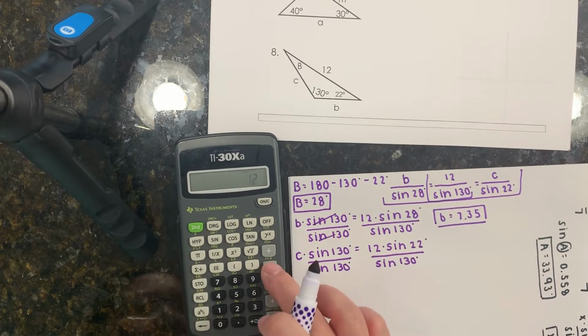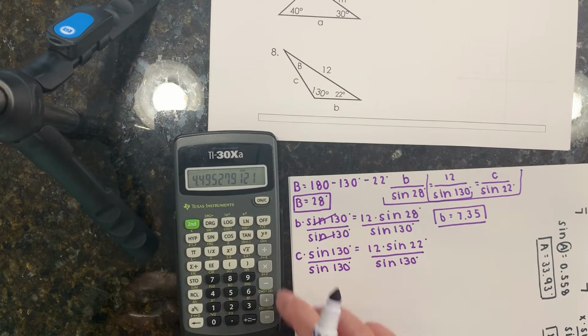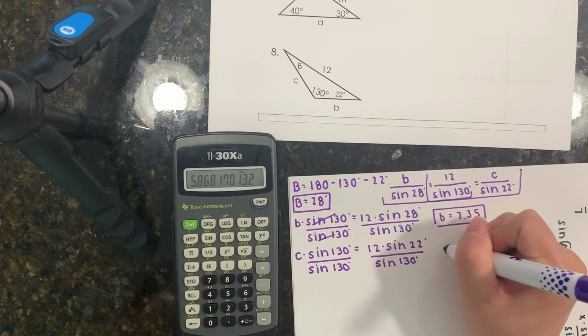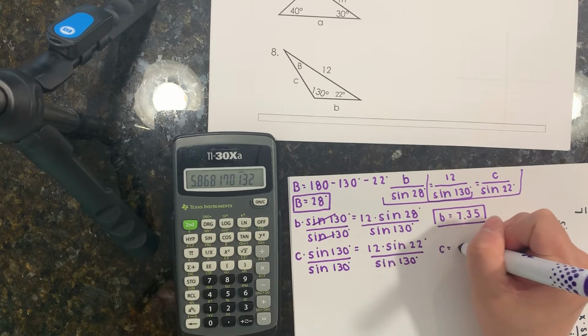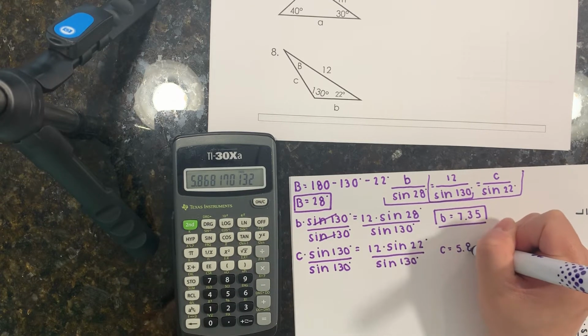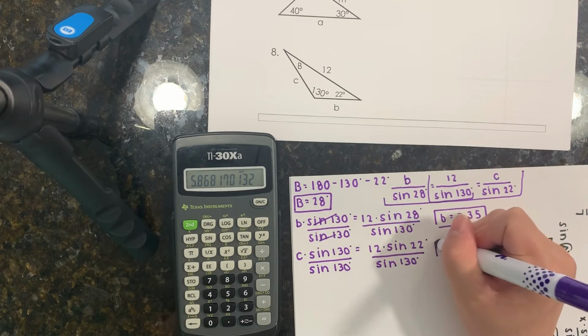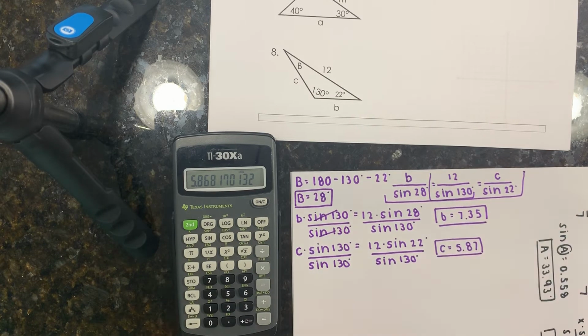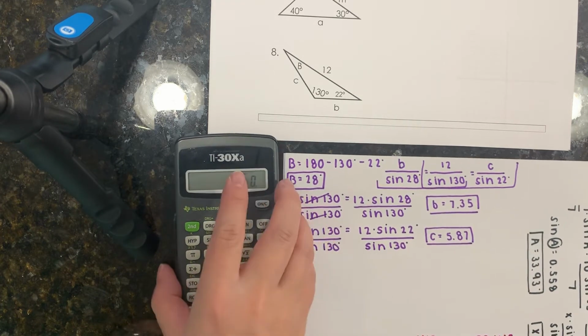So 12 times sine 22, divided by sine 130, and that would give you c is equal to 5.87. Okay, and that would conclude the new problems from that lesson.